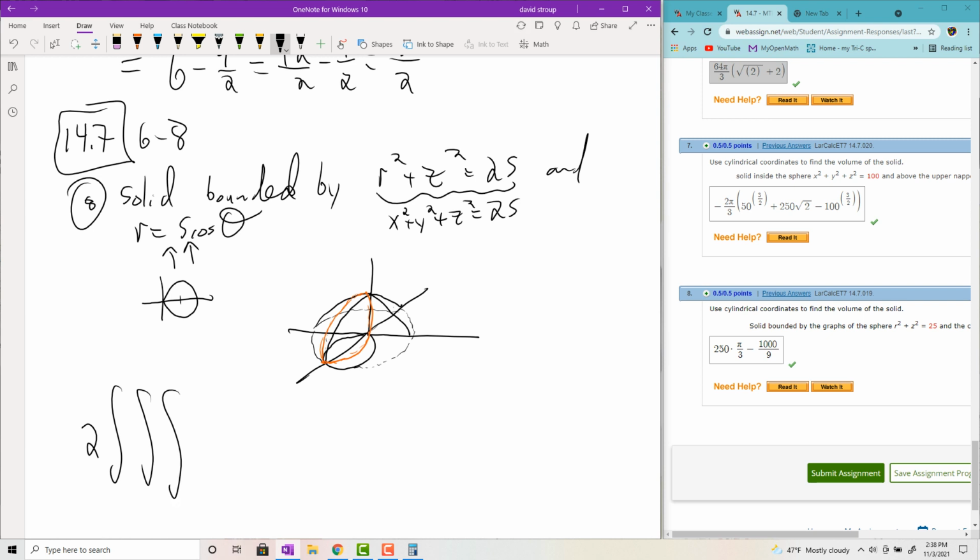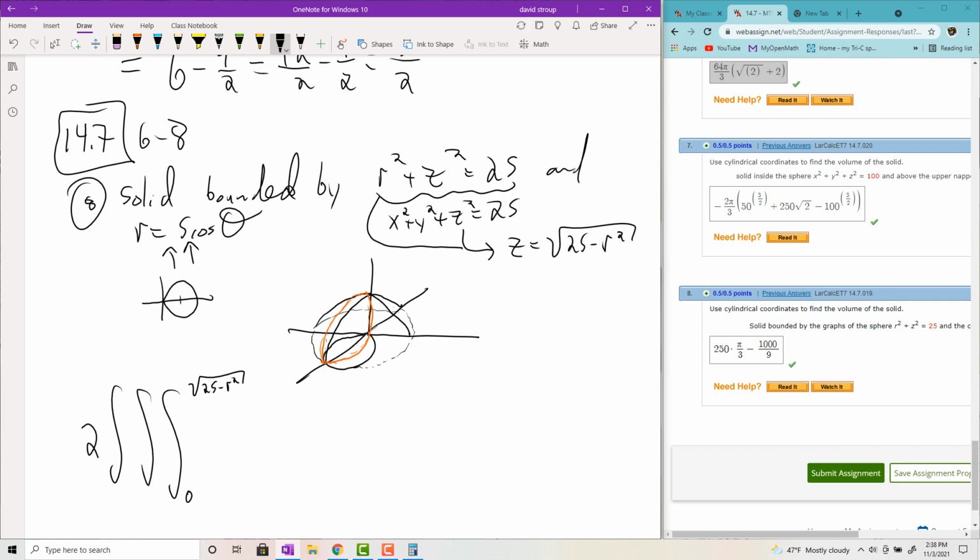And I'm in polar coordinates already. So I'm going from z equals 0, the xy plane, to z equals, and I'm going to take this equation and solve for z. So I'll end up with z equals the square root of 25 minus r squared. So z equals 0 to the square root of 25 minus r squared.